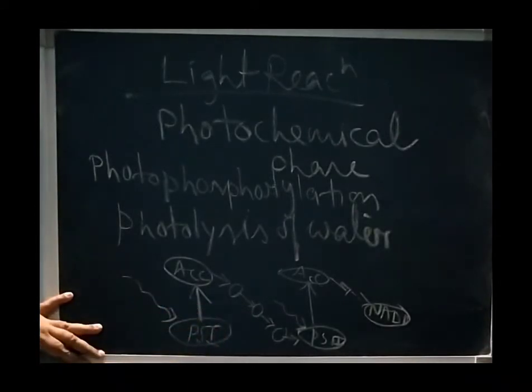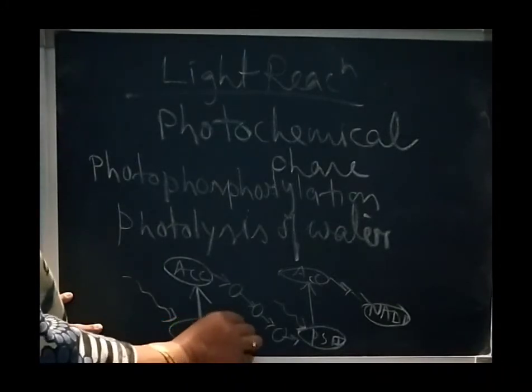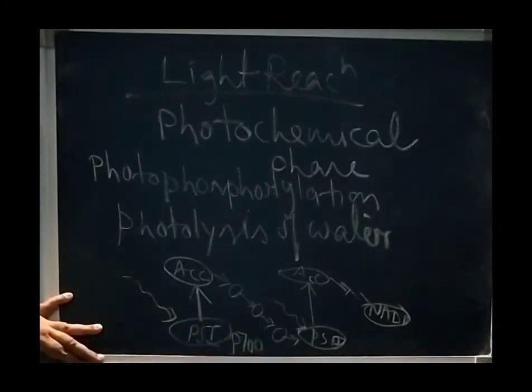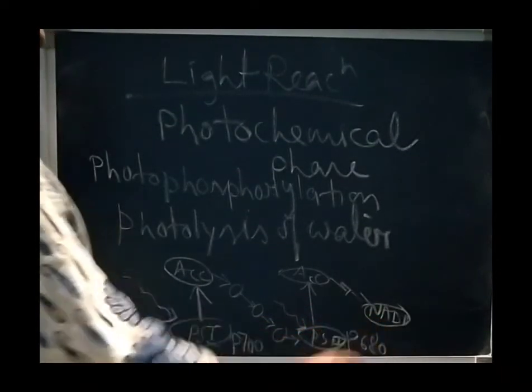PS1 is the light harvesting complex absorbing light at 700 nanometer, and PS2 absorbs light at 680 nanometer.